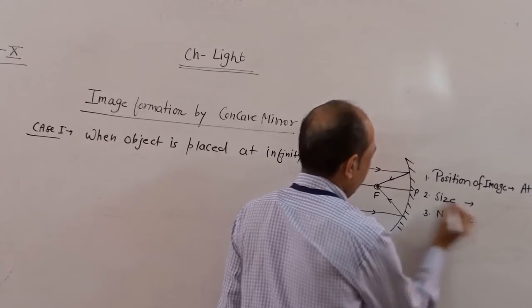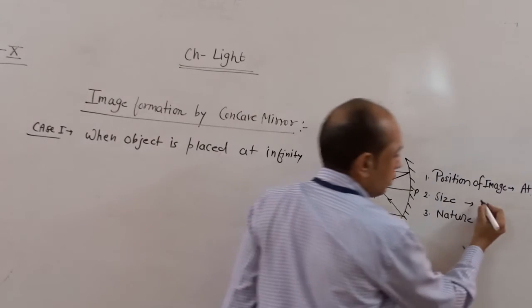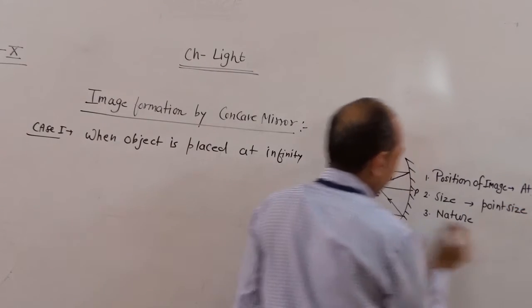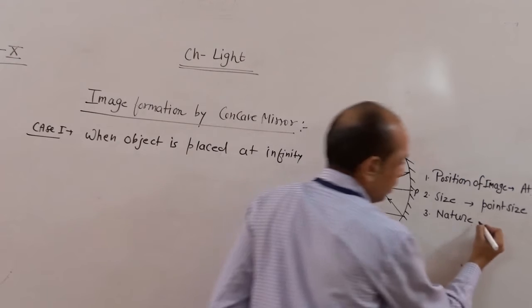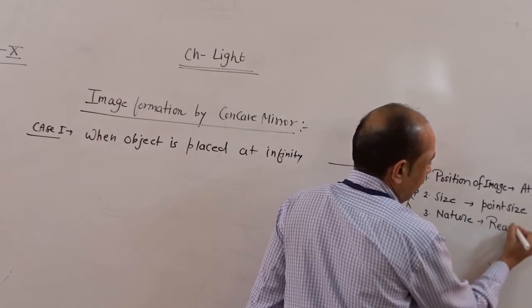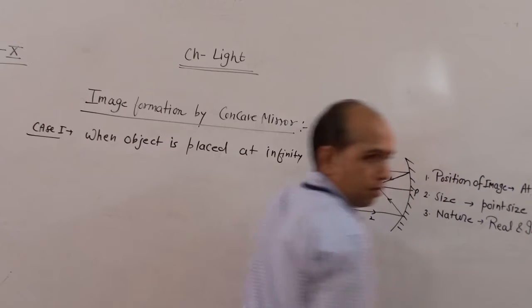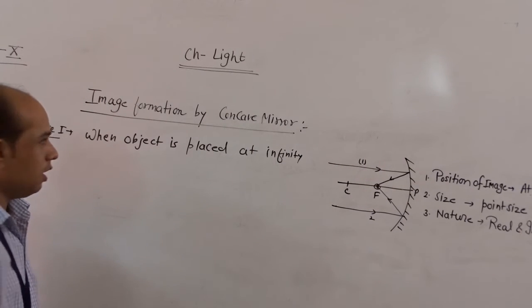Similarly we talk about size. So size, what we see here is like a point, that means point size. And third one, nature: because the image is formed here, same size, its nature is real and inverted. Okay, so whenever the same size of image is there, its nature is real and inverted.